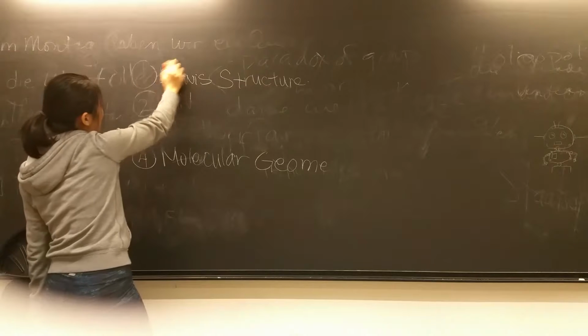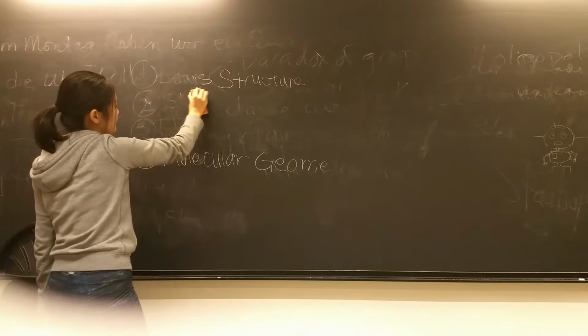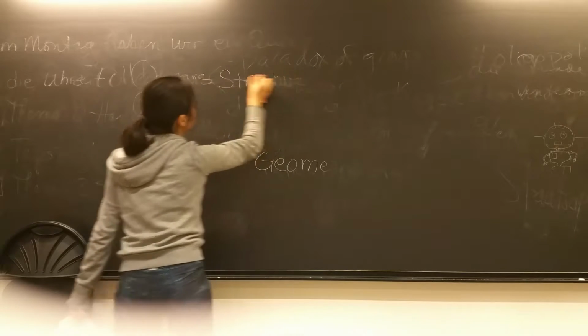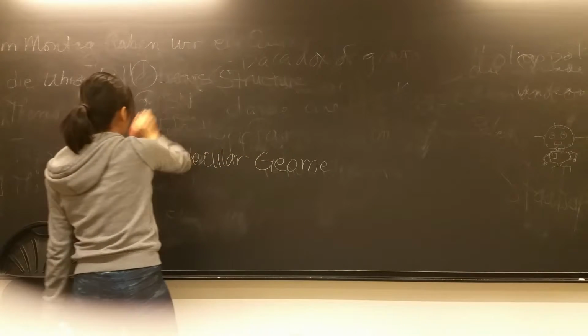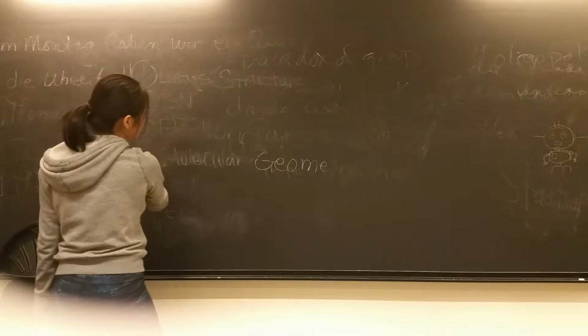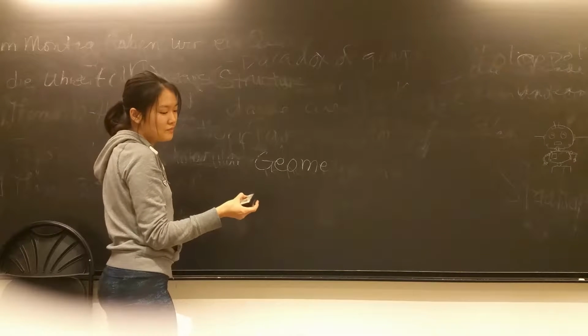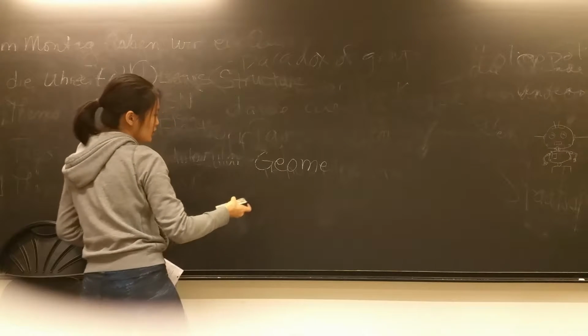And then after you get the basic structure of the electron pair geometry, you're going to be able to say, okay, since we have lone pairs, the molecular geometry is basically a distorted version of the electron pair geometry.